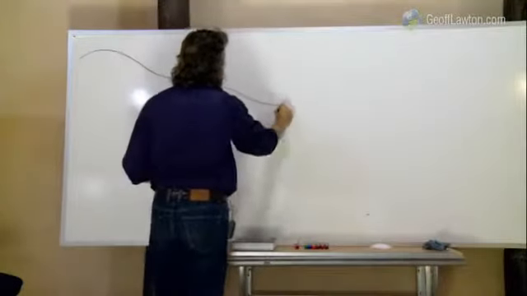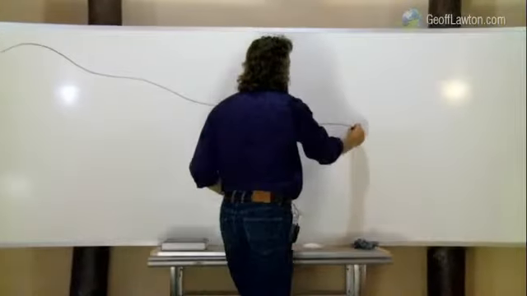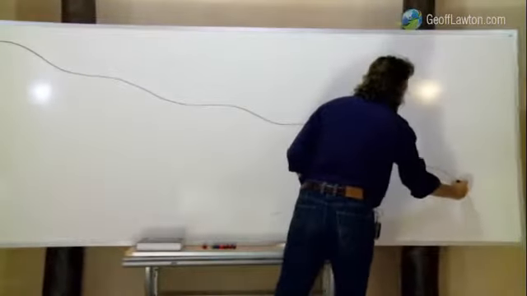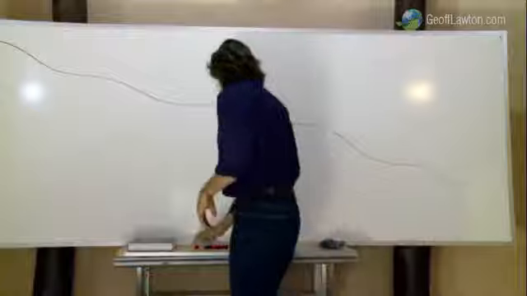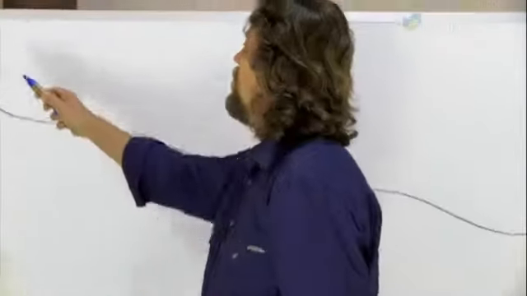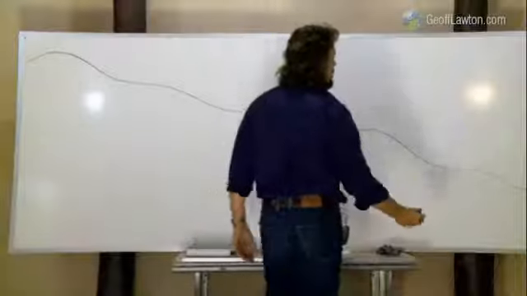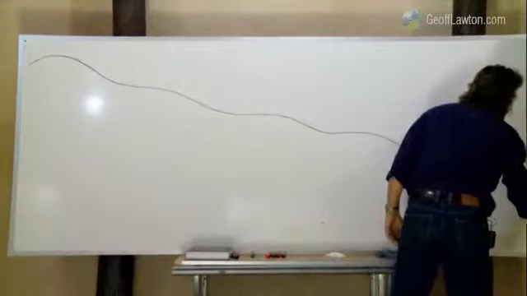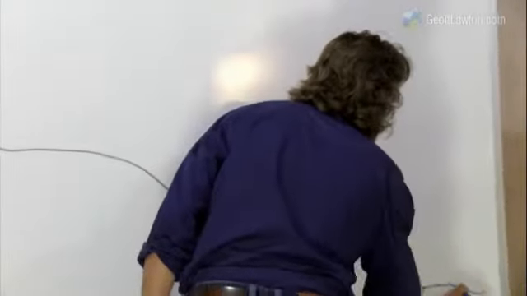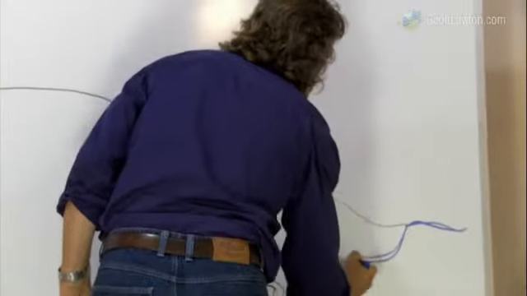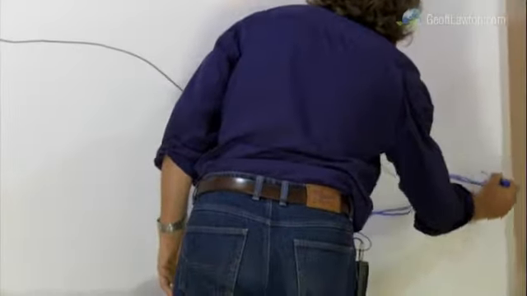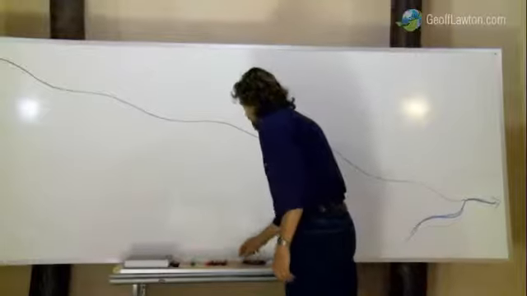When we take a profile down the landscape, we're looking at where are the highest points, where are the lowest points, where are the water flows in the landscape, where does the river meet the land, what are these edge points?